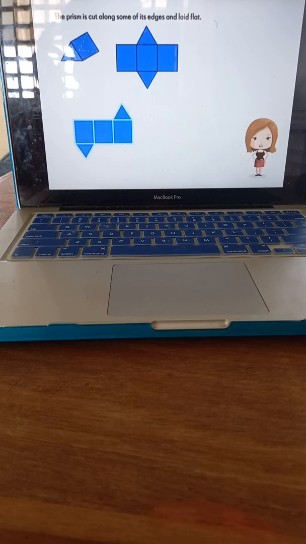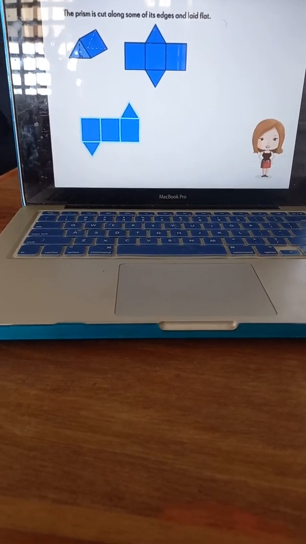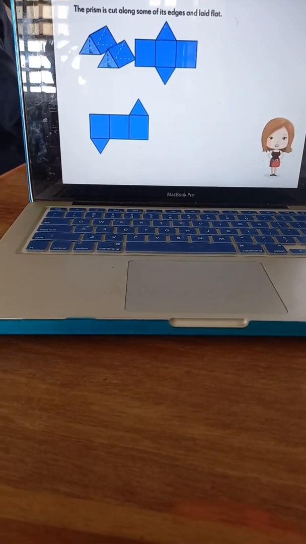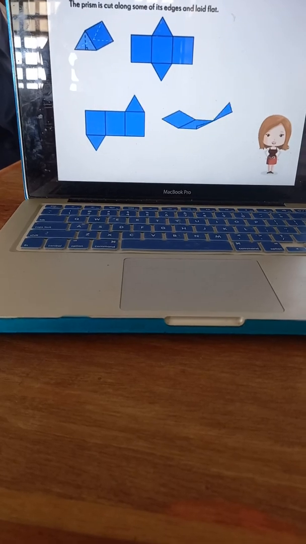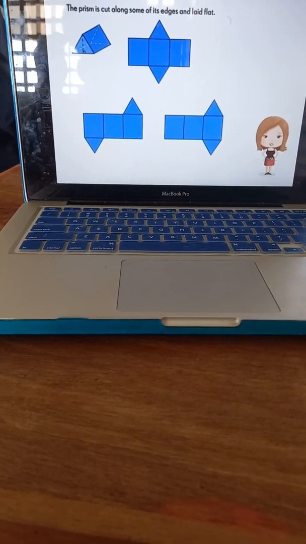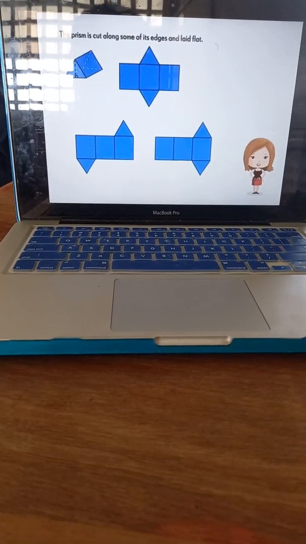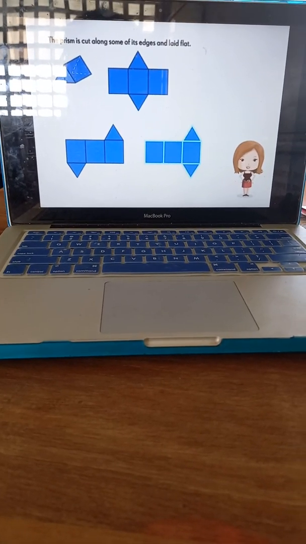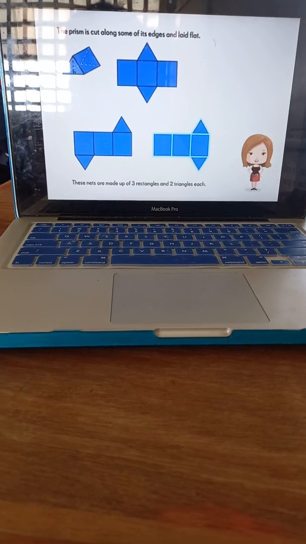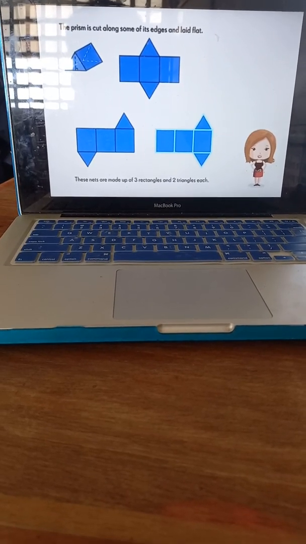This is another net of a prism. This net can also be folded to form a prism and is also made up of 3 rectangles and 2 triangles.